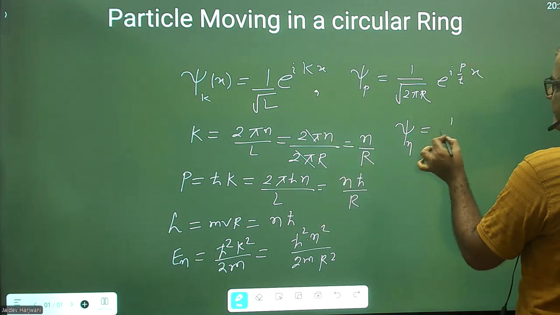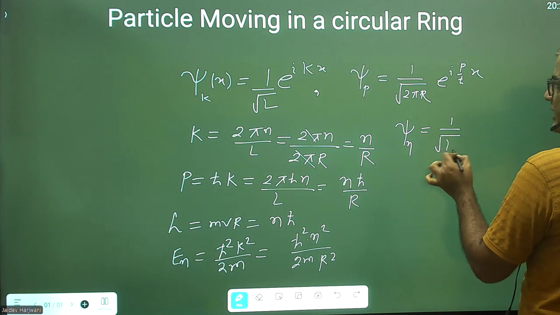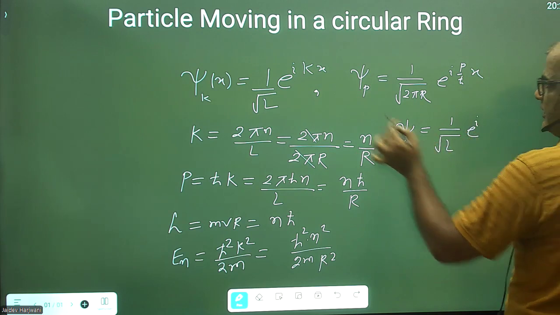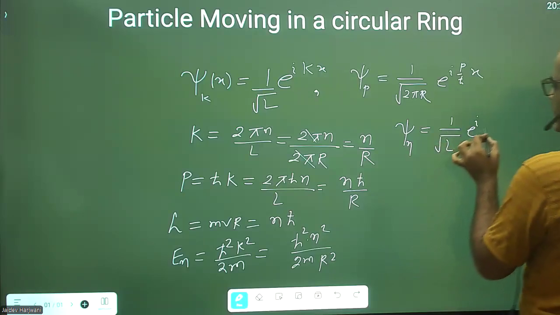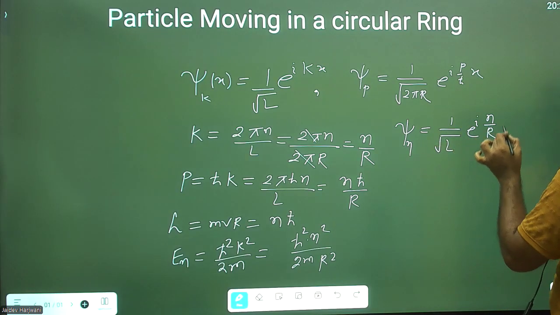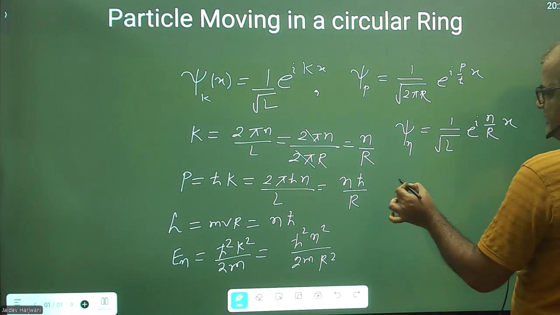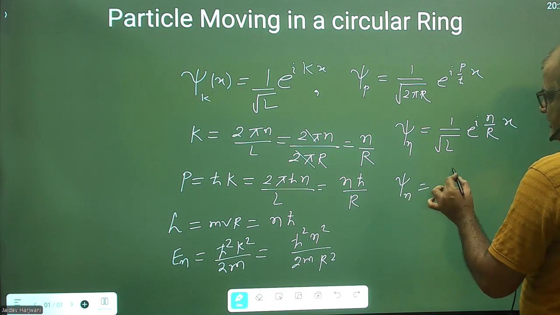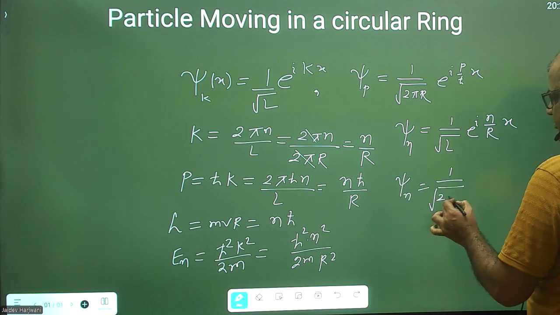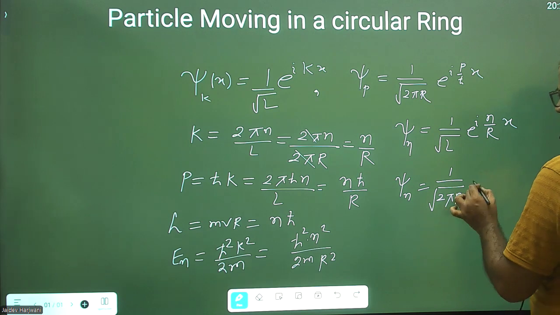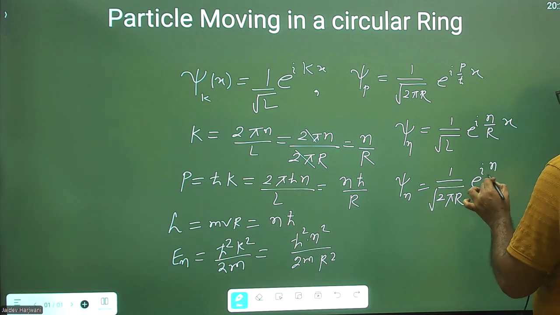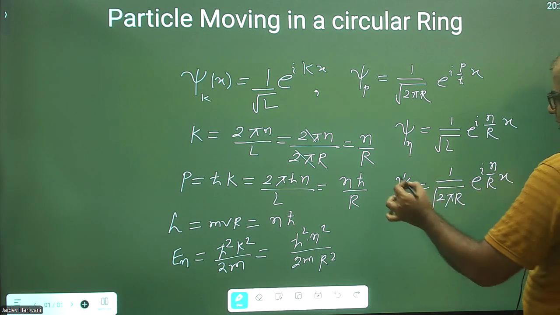So this becomes 1 upon root L e power iota n by r x, and this can also be written as 1 upon root 2 pi r, for a circular ring L is 2 pi r, times e power iota n by r x.